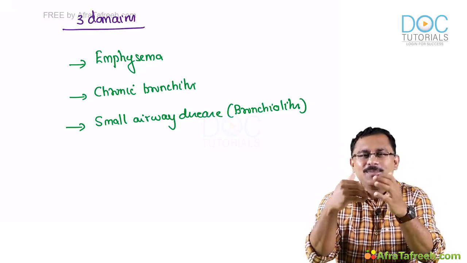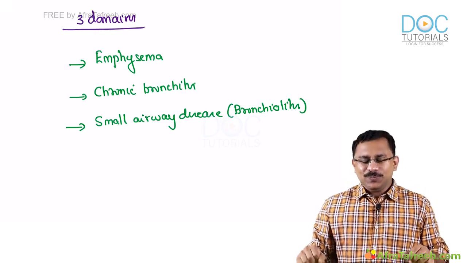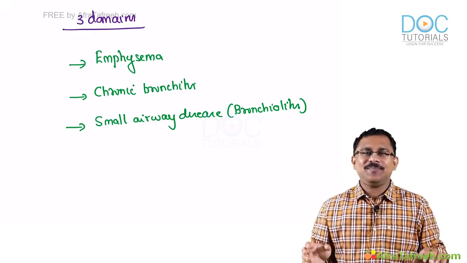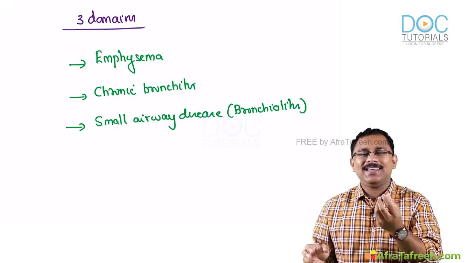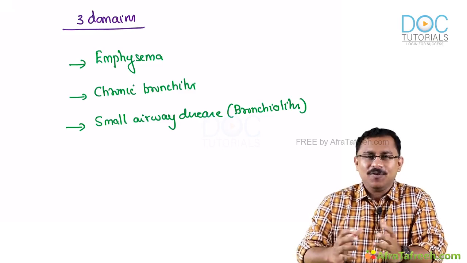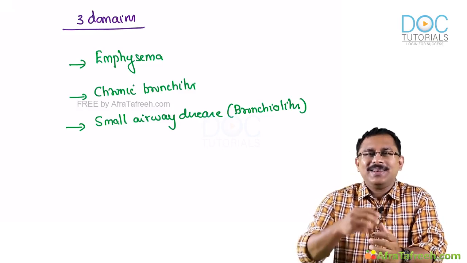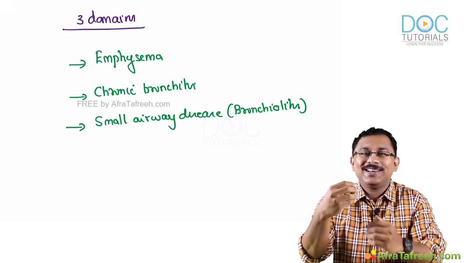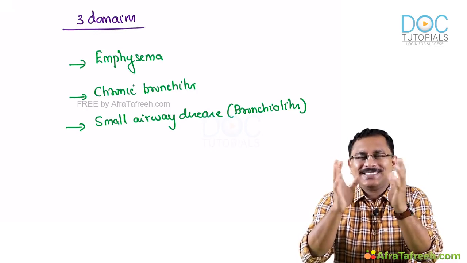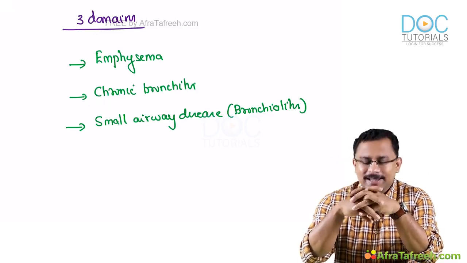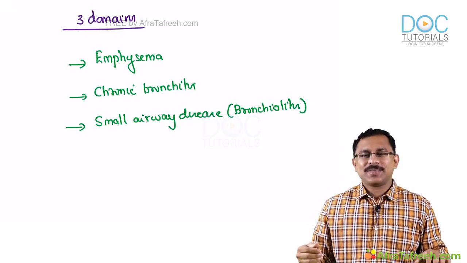So in case of emphysema, it is predominantly your respiratory bronchiole and the alveolus that is involved. Whereas in case of chronic bronchitis, you have predominant involvement of your bronchi. So the site of involvement is slightly different. And in case of small airway disease also, you get bronchiolitis.